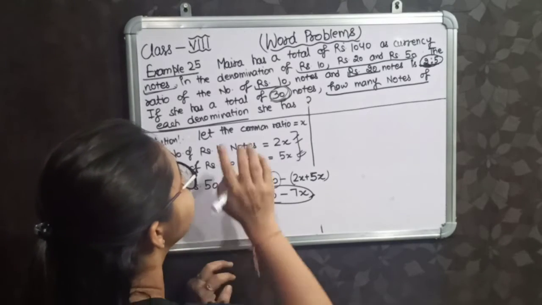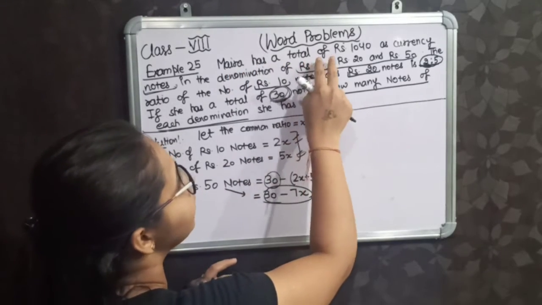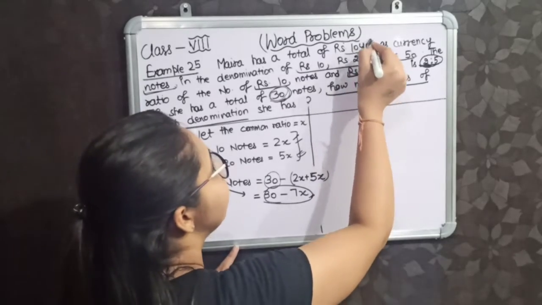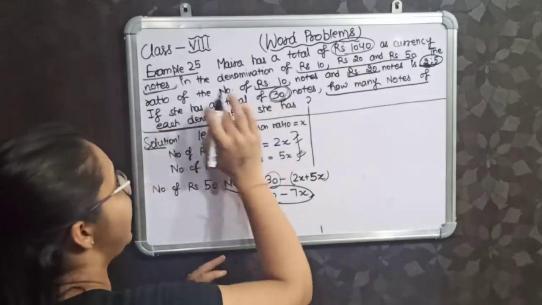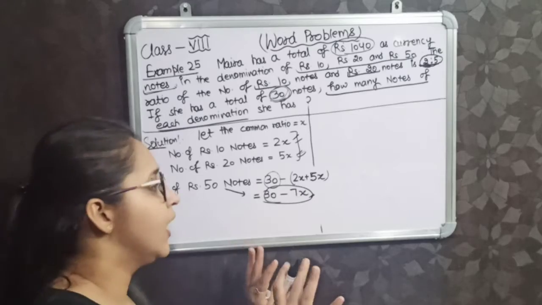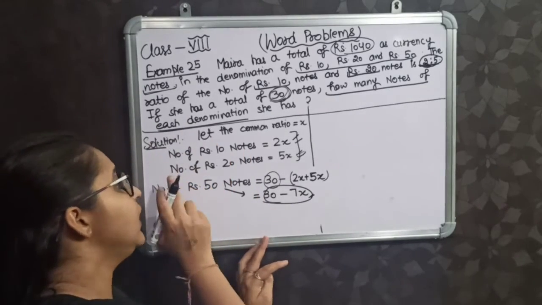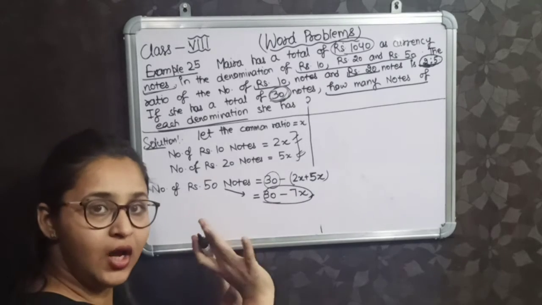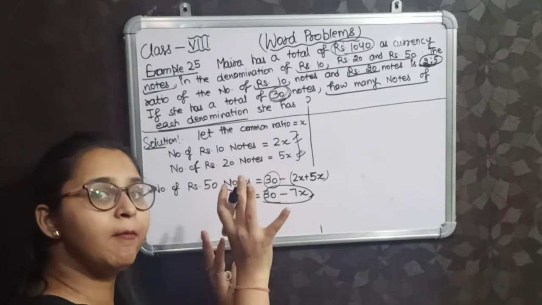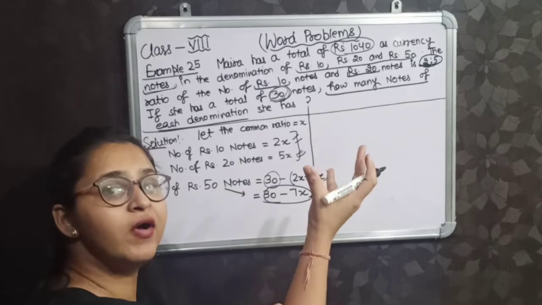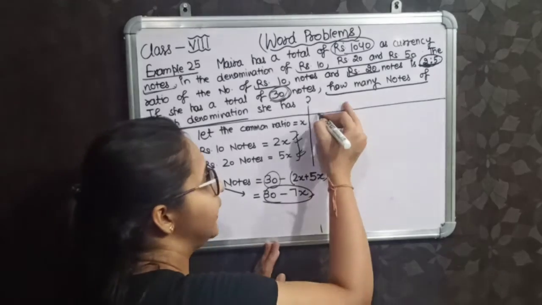It says that Myra has a total of rupees 1040 as currency notes. But see that here it is only the number of notes. It is not the amount. It is just a number of notes, but you have to find the amount. How will you find it?